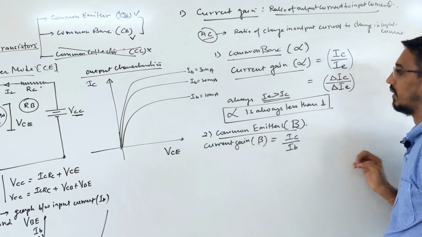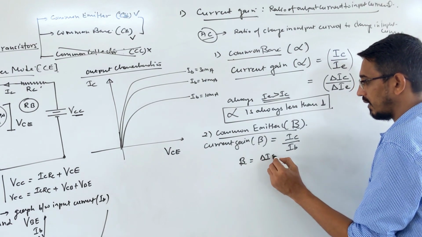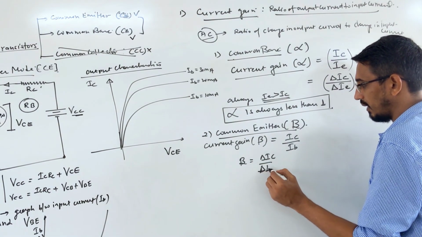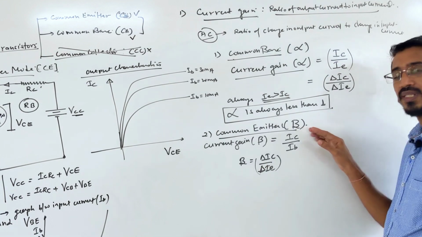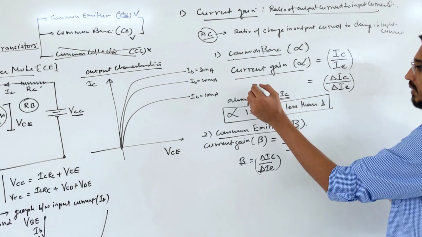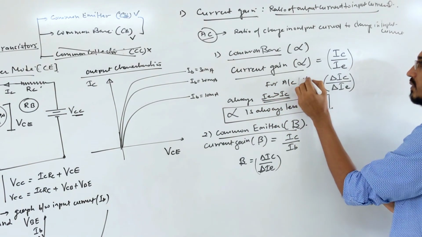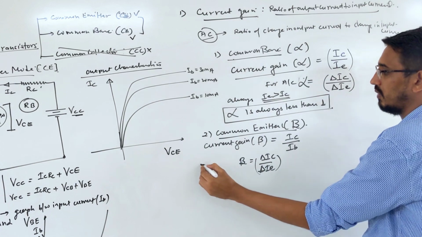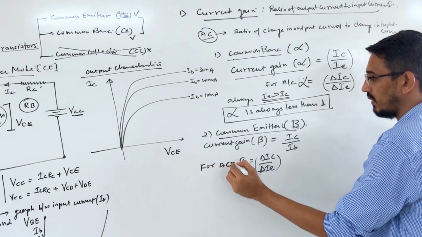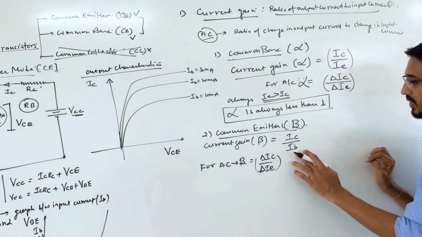So this is your formula. If you are talking about AC current, then you can write beta as del IC by del IB. DC current means direct current ratio, and when you talk about AC current, you write it for AC. This is alpha for AC, and this is beta for AC.